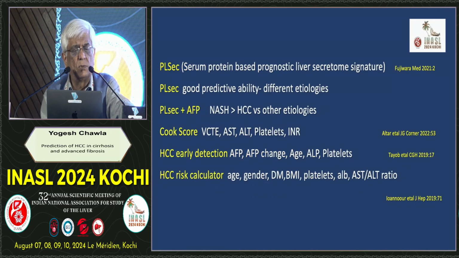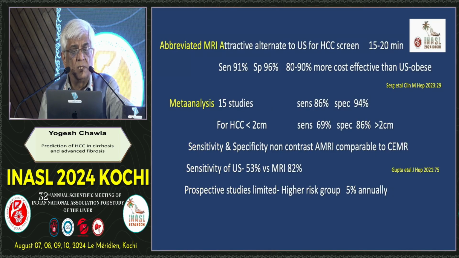And there are a host of other predictive models like PLSEC, Cook score, HCC early detection, HCC risk calculators. They have been studied.